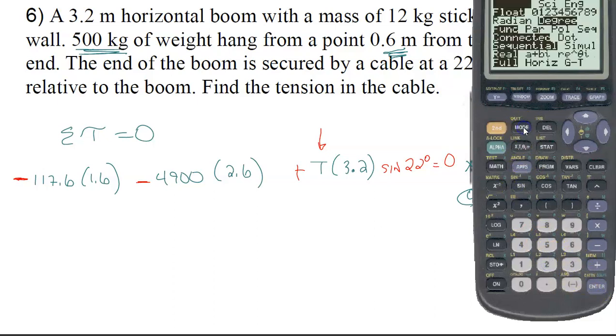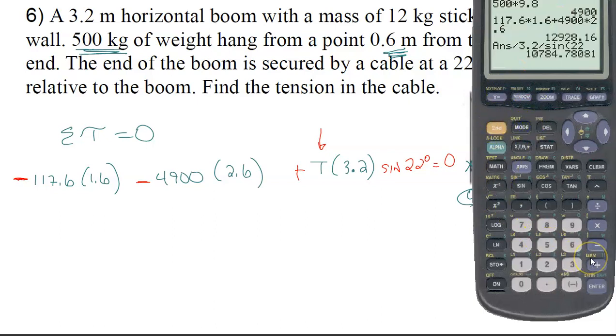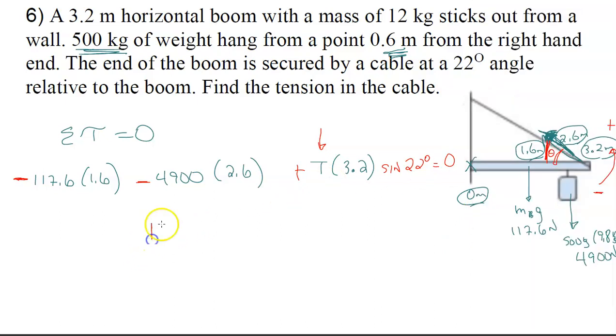I'm going to hit mode and just make sure, yep, I'm in degrees, so that looks good. 10,784, let's round it up to 85 there, maybe even 10,800 or something. 3 significant digits probably ought to be enough. But that's the tension in that cable. And tension is a force, so this would be newtons right there.